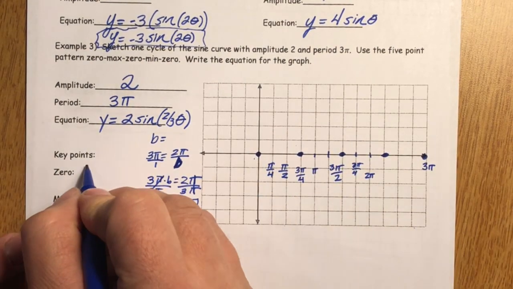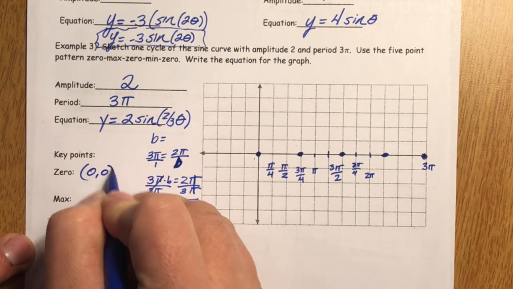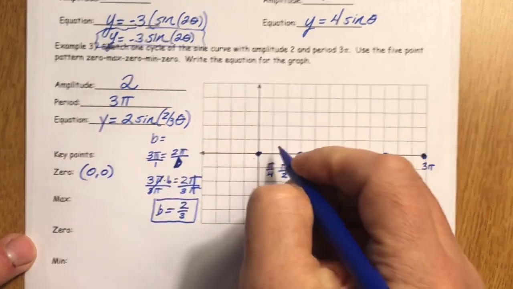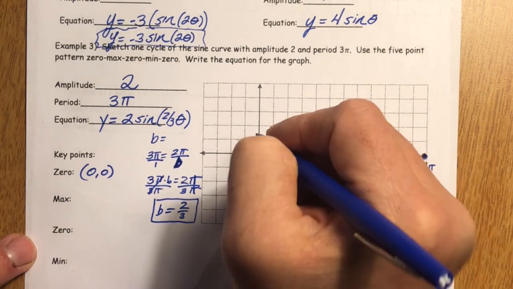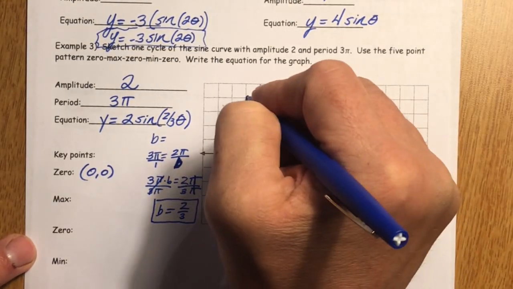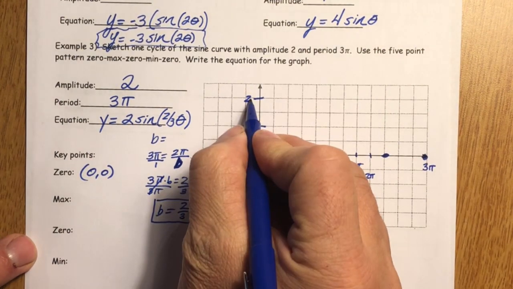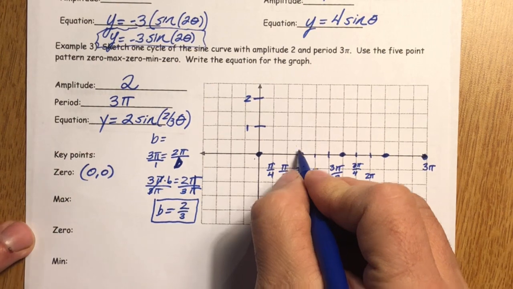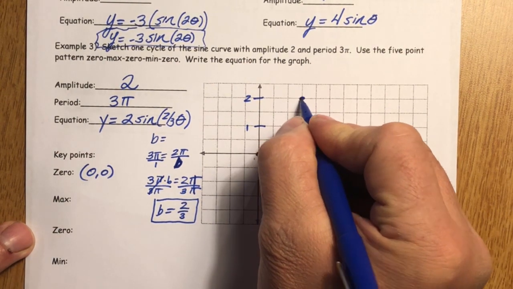Okay, so my first key point, 0, 0. I know I'm starting here. Now I'm going to go up because I know it's positive to an amplitude of 2. So let's just say that this is 1 and this is 2. And the reason why I know I'm going up to 2 is, again, that's my amplitude. So from this point, I make another dot.